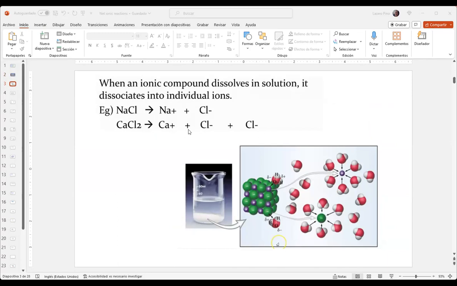When we put this compound into water, the water molecules, that are dipoles, will surround the cation and the anion, and then the cation this way will be taken into solution, and the same thing with the anion, surrounded by water molecules. This is the process of dissolution of an ionic salt.